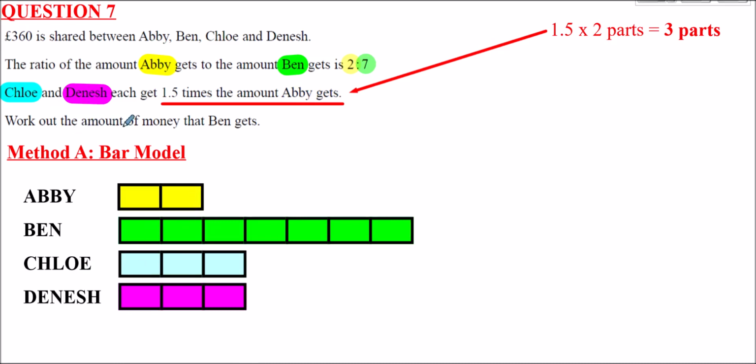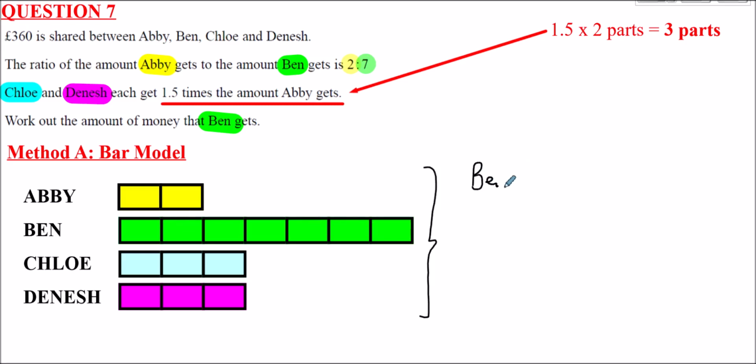So we want to work out the amount of money that Ben gets. So we're interested in Ben here. So if we look at this complete bar model, which must relate to the absolute total of 360, because all the 360 goes to one of these 4 people, we can see that Ben gets 7 pieces. 1, 2, 3, 4, 5, 6, 7.